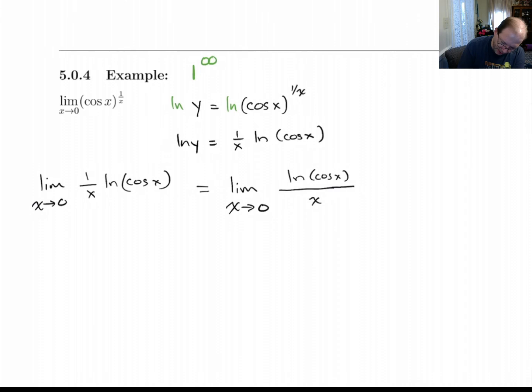I'm just rewriting it like this, and so now we've got 0 on the bottom, and what do we have on top? ln of 1.